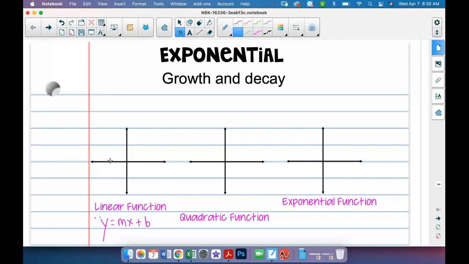And of course, a linear function is going to be a straight line. The quadratic function in standard form, that is y equals ax squared plus bx plus c.